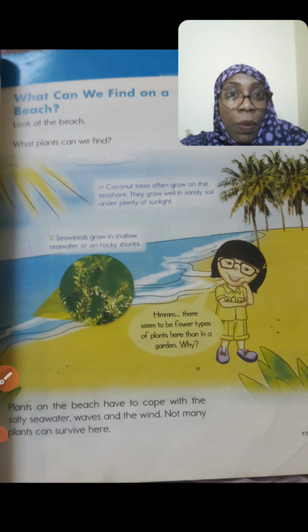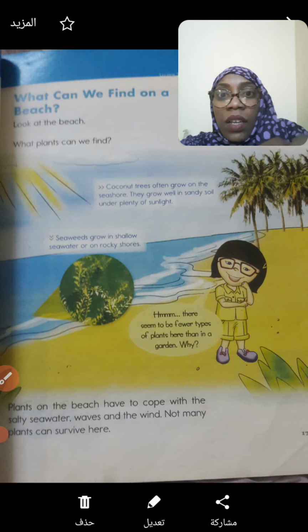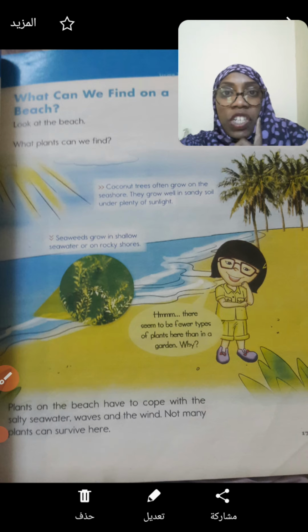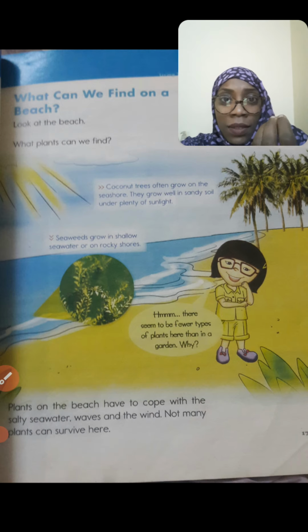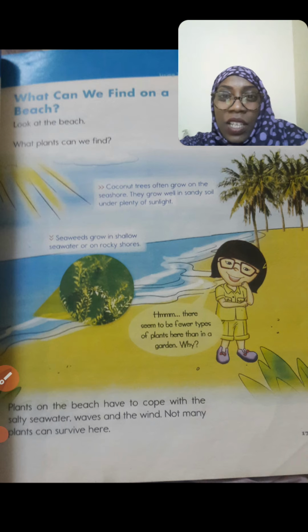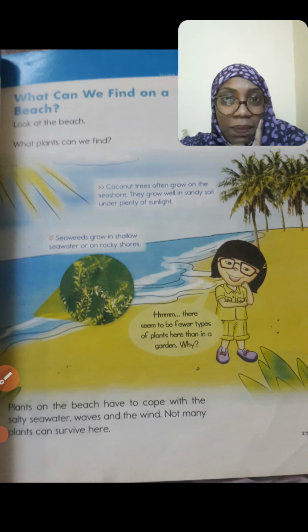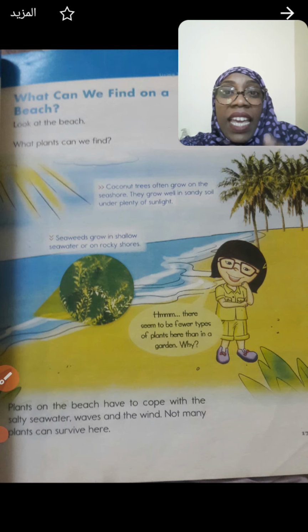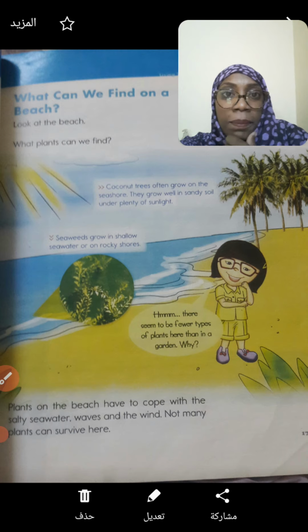Okay, let us see an example of a normal plant, and we can imagine letting it grow here on the beach. Let us see a rose. Rose is a flower. So if we put it here, it can't deal with the salty water. It will die immediately. Also the sandy ground, because sand can't hold the water for a long time.